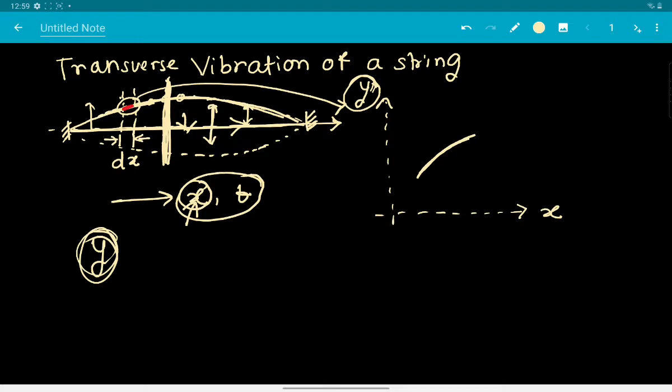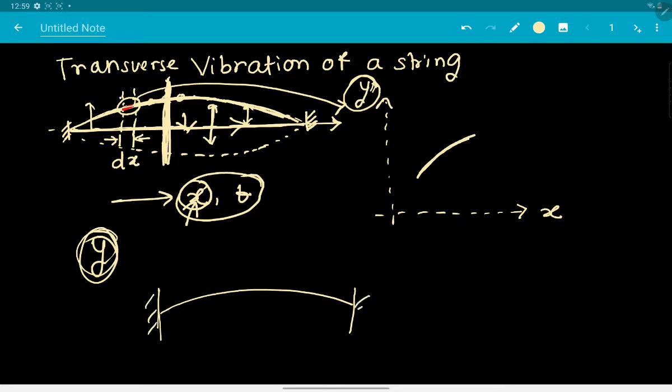As of now we are going to consider a certain time t. Let's say you have taken a snapshot, so the time domain is frozen and you are seeing the curvature of this particular string. This is how the string is going to look at that particular time.